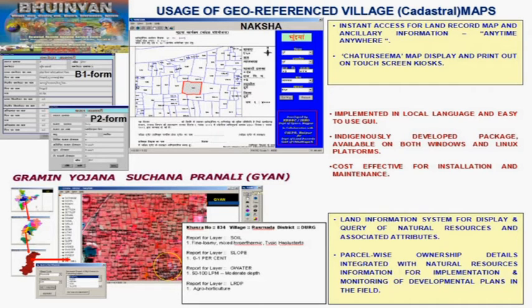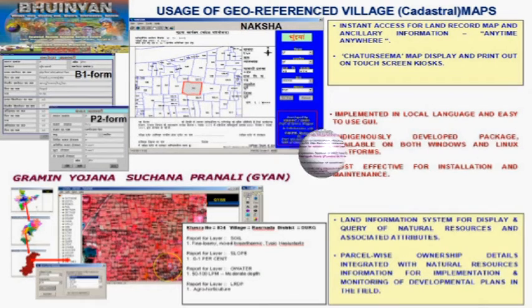While putting this on top of the satellite data, it becomes clear survey number wise what the natural resources, strengths and weaknesses are, in terms of slope or limitations. By weaknesses I mean groundwater potential, and what alternate land uses can be made. So there are a few packages which have been developed by ISRO and given to institutions.